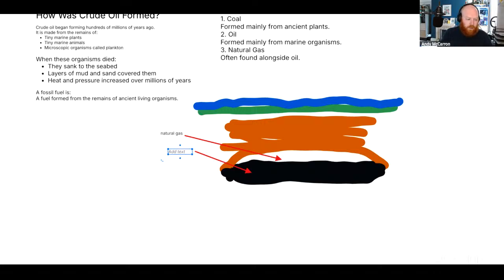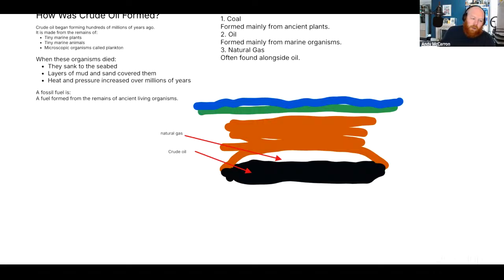So modern technology nowadays will assess this and see if there is this gas pocket, if you will, and we can then go from there and figure that out.